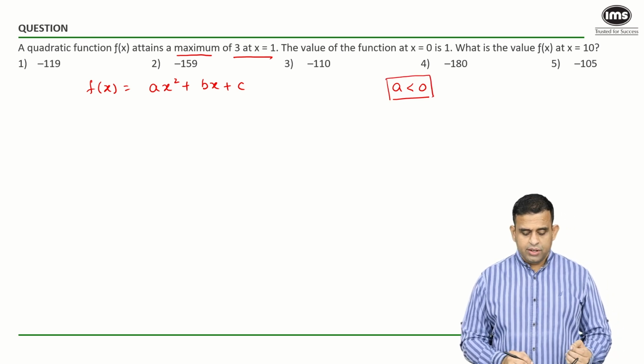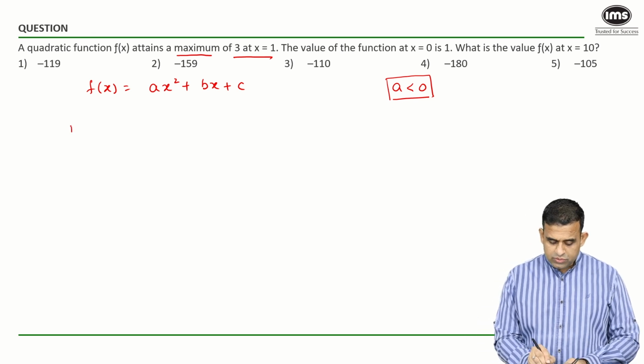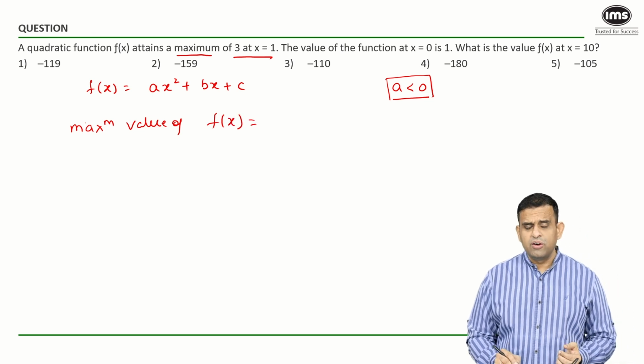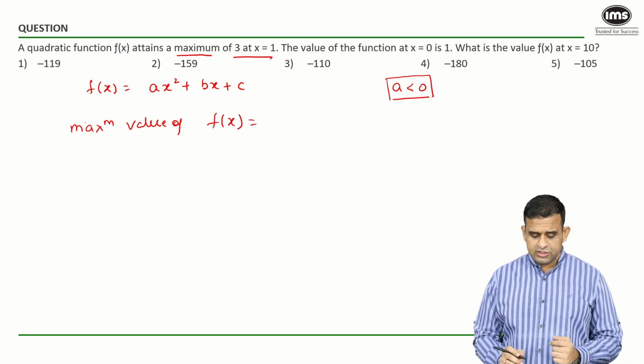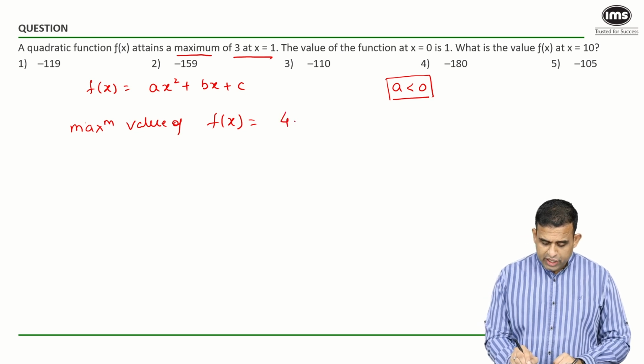Now what we also know is that the maximum value of f of x, we know the formula, one can use derivative also to solve this, the max value of the function happens to be nothing but (4ac minus b square) upon 4a always.